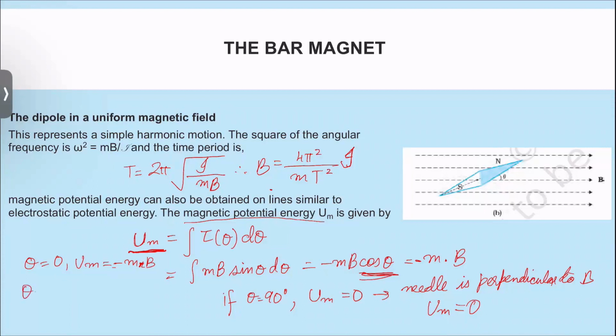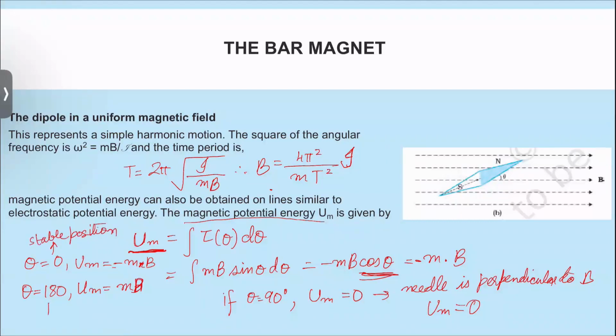And for the maximum, we have to consider theta as 180, where the potential energy is going to be maximum. Again, this is just the product of the magnetic moment and the magnetic field. This is the most stable position.